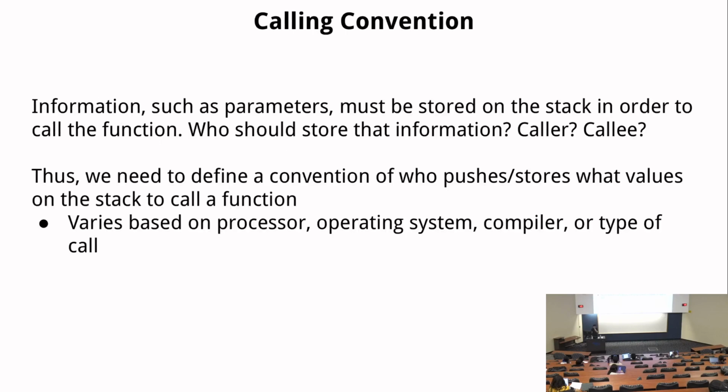Let's look at one calling convention so you can see a detailed example. When you call a function, there will be parameters, and those parameters must be passed to the function you call. How do you pass that information? You use either memory or registers. The convention we use, like which parameter will be stored at which memory address or which register is used to store it, is called the calling convention.